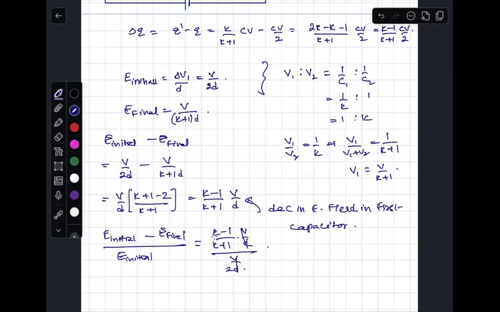V by D, V by D will cancel. So it decreases by 2 times K minus 1 by K plus 1. Any doubt? Feel free to ask me on this. What I have done: the total potential difference divided by distance between the plates is the electric field inside the plate.